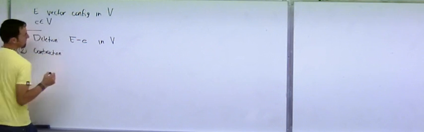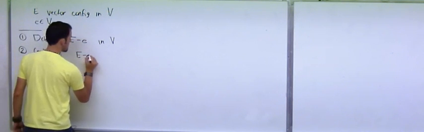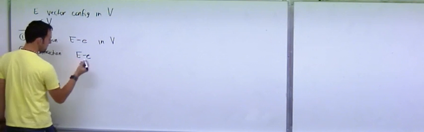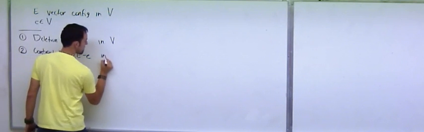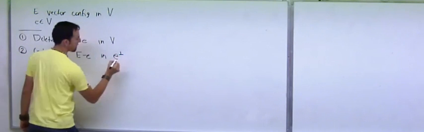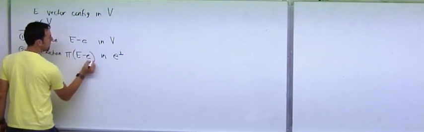And then the contraction. And for that, what we said is that you take these guys and project them onto the, take them mod E. In other words, if you prefer to think about it this way, you project them onto the orthogonal complement.